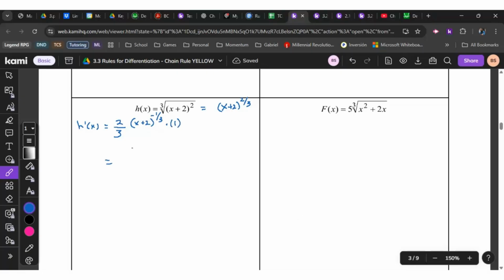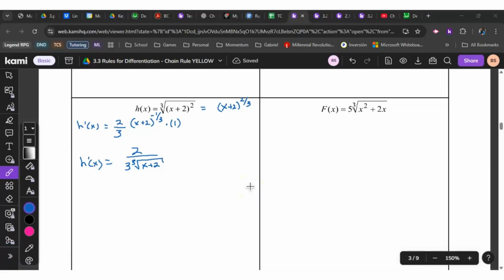So this is really just going to be 2 over 3 times the cubed root of x plus 2. And like I said, if you get more familiar with these, it's totally fine to go straight to this step. Because if you know it's going to have a negative exponent, you might as well just throw it on the bottom right away. Okay? Because usually you're going to write things with a positive exponent. All right?